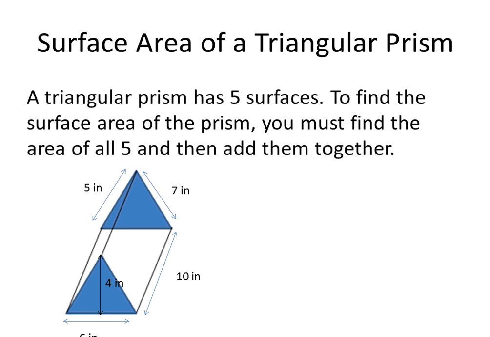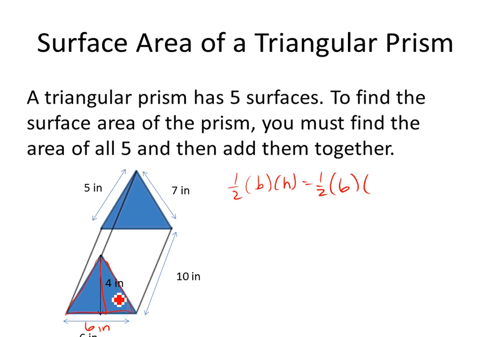Next, let's look at the surface area of a triangular prism. A triangular prism has 5 surfaces. So to find the surface area of the prism, you must find the area of all 5 and then add them together. So first I'm going to find the area of my triangles. The area of a triangle is 1/2 times the base times the height. So it's 1/2. The base is, you can't really see it here, 6 inches.